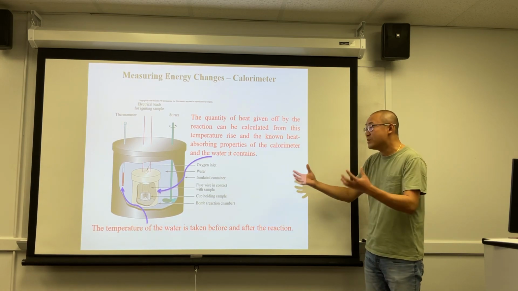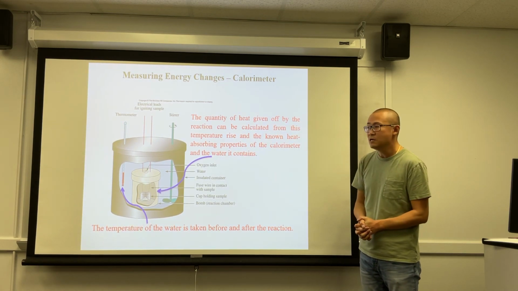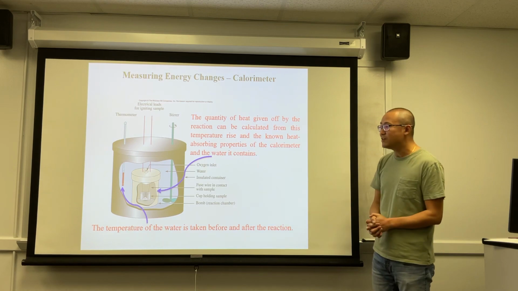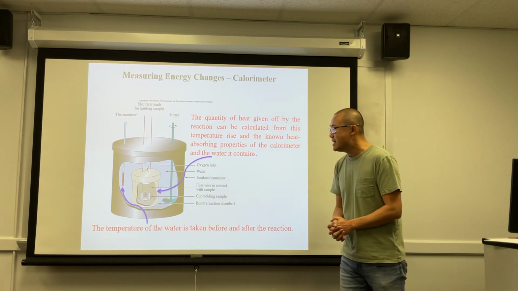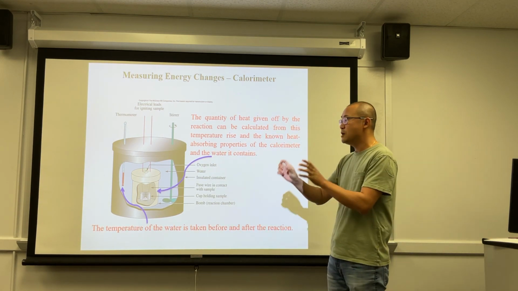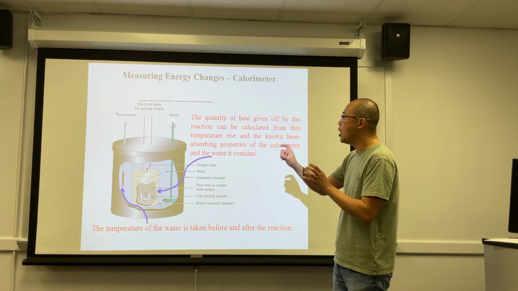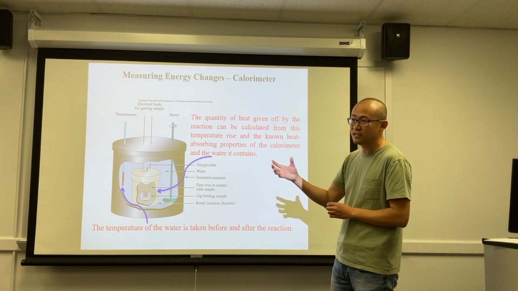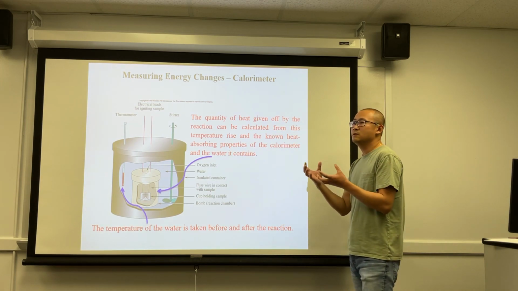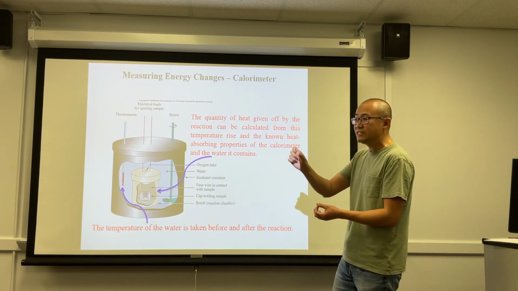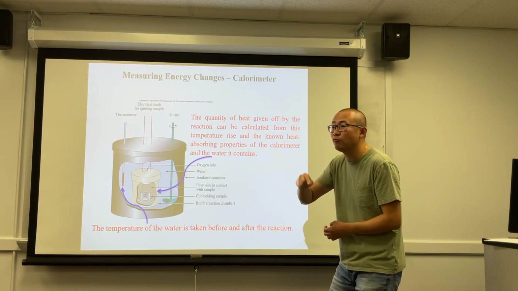So this is the principle of how a calorimeter works: measuring the temperature change of the water, and then multiplying that temperature change by the specific heat of the device. Again, specific heat is basically how much heat is needed per 1 degree of water temperature change.